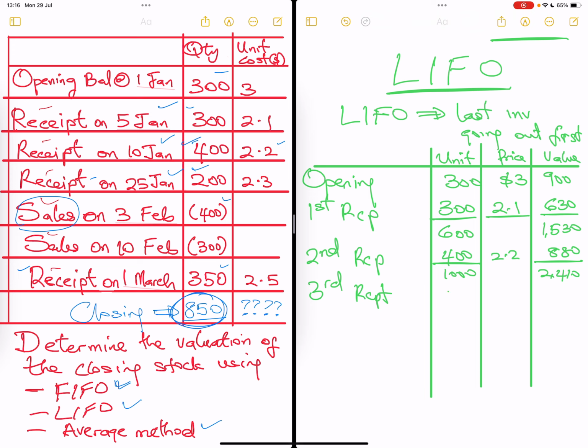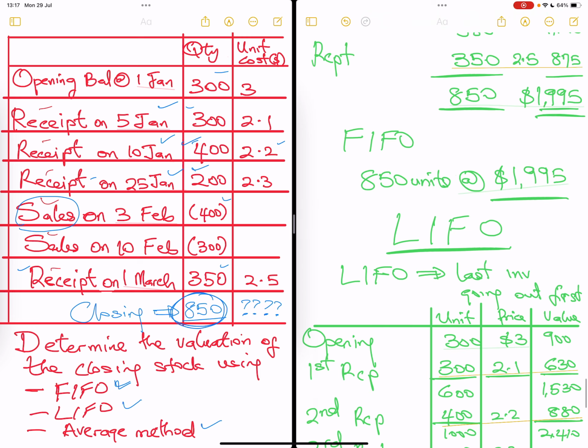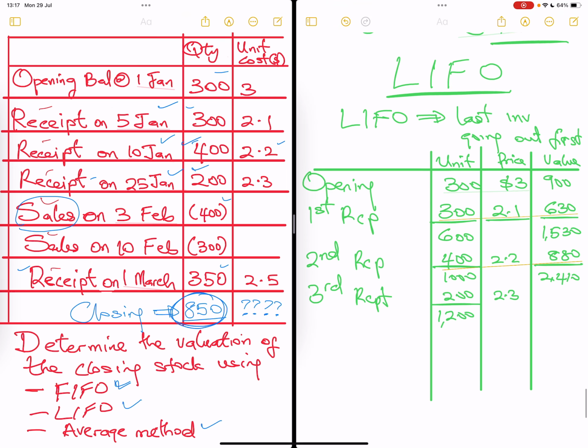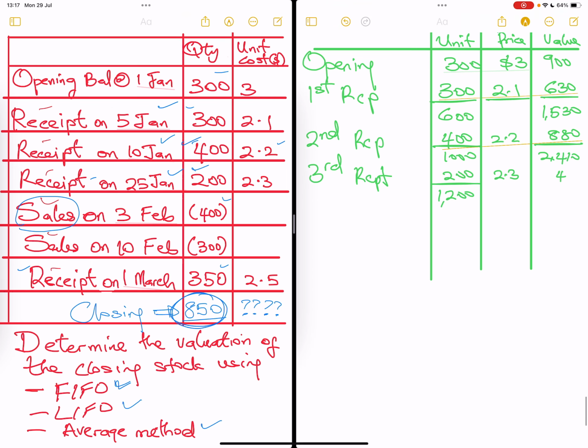Third receipt was 200, which closes at 1,200. And we bought that 200 at 2.3. So that gives us 460, to get to 870. And that closes at 2870.